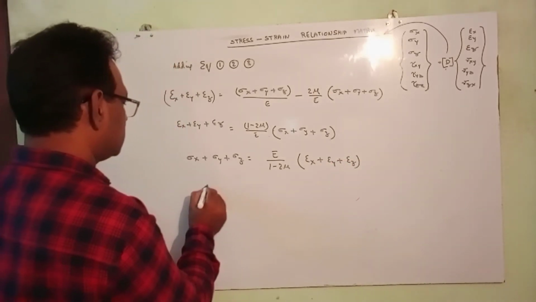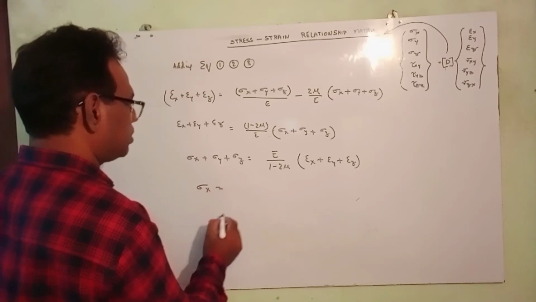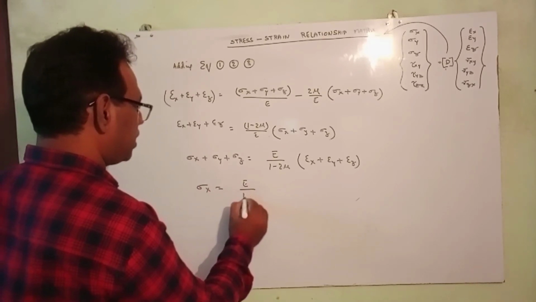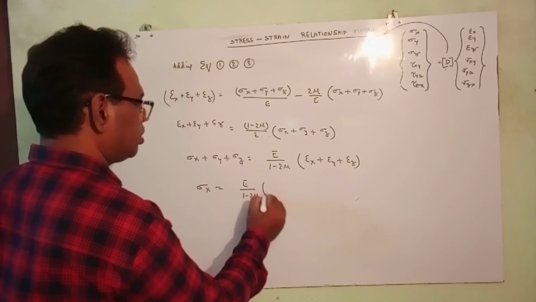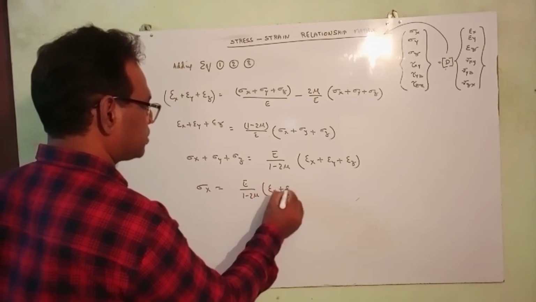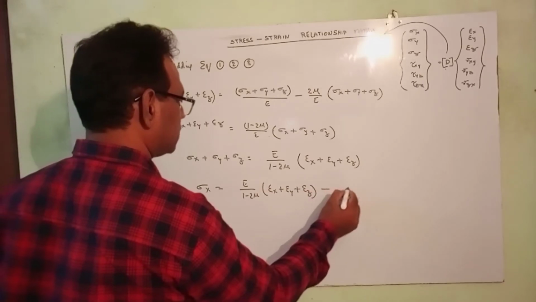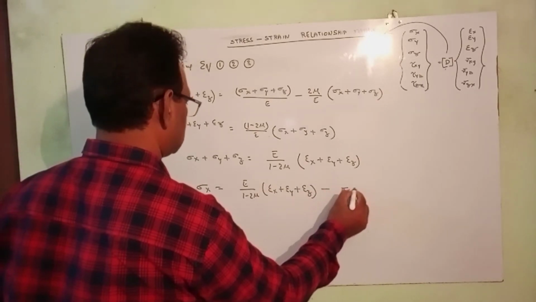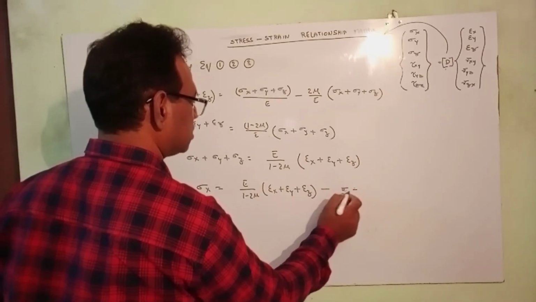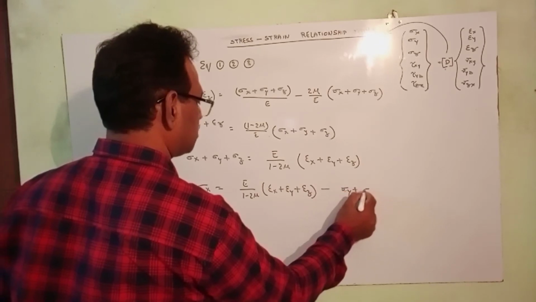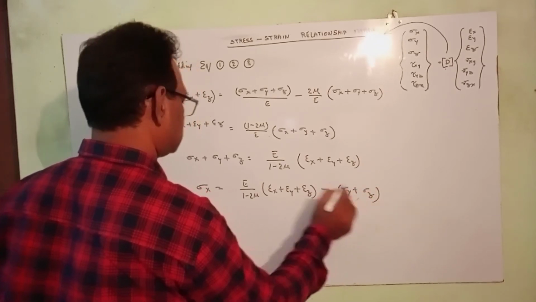Now I want to get sigma x, which is equal to E by 1 minus 2 mu into epsilon x plus epsilon y plus epsilon z minus sigma x plus sigma y plus sigma z.